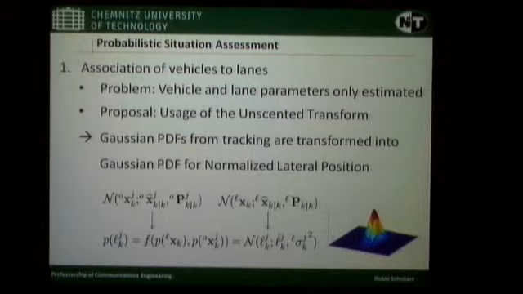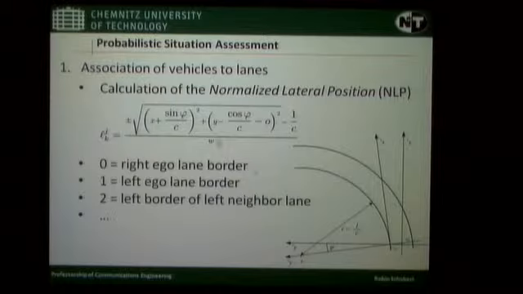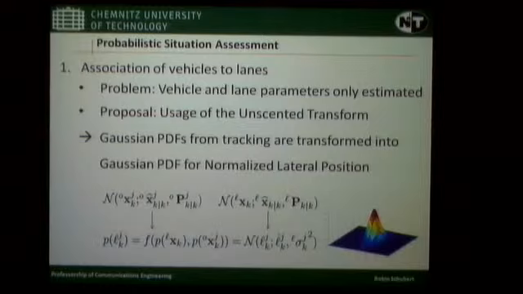And we suggest that from the Gaussian PDFs that we have here for the vehicle and the lane, we calculate a new Gaussian PDF which gives us an expectation value for this lateral distance and additionally a variance. So actually what we do is we take this equation here and use it inside the unscented transformation. That's it. And what we get is a one-dimensional Gaussian PDF for this normalized lateral position.